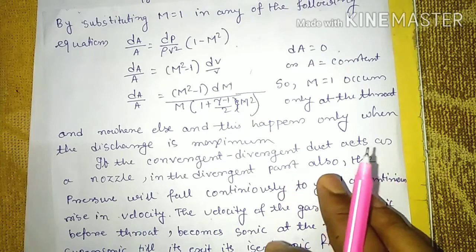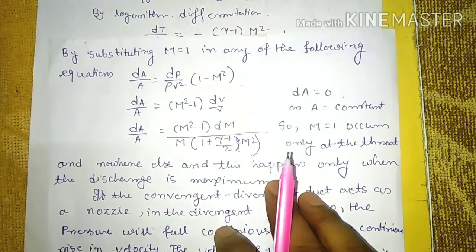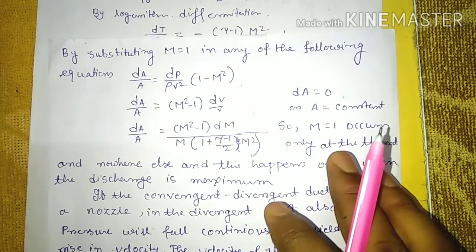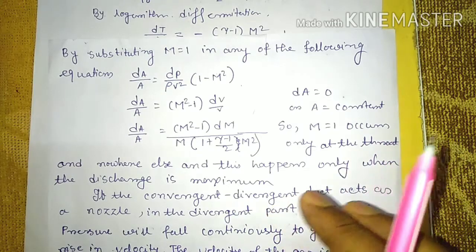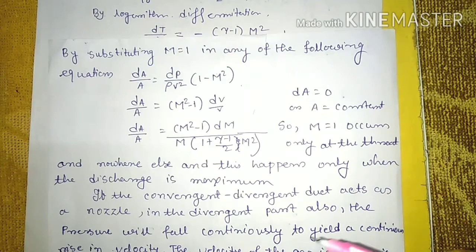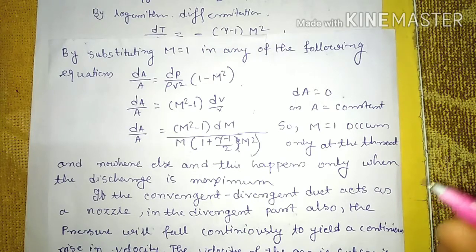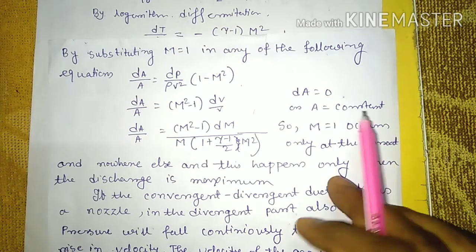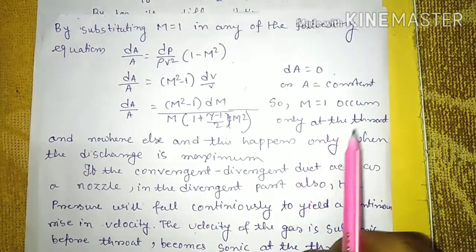When the fluid flows through a convergent divergent nozzle, the throat is the smallest diameter of the duct, and in this section the flow rate, or discharge, is maximum and the area is constant. So M equal to 1 is satisfied only at the throat section.